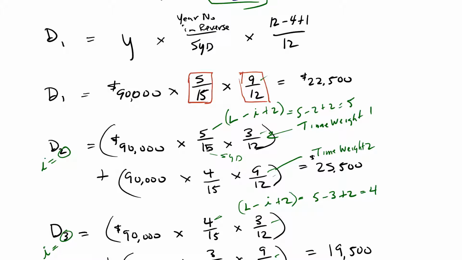Recall I called the acquisition month M here, so basically that's going to be M minus 1 over 12. All right, and we see that in the context of this problem, that's 3 over 12. That evaluates to 25%, and you'll see that the second time weight, given that basically the two fractions add to 1, is just the complement of that. So we could set this time weight 2 as basically 1 minus time weight 1.